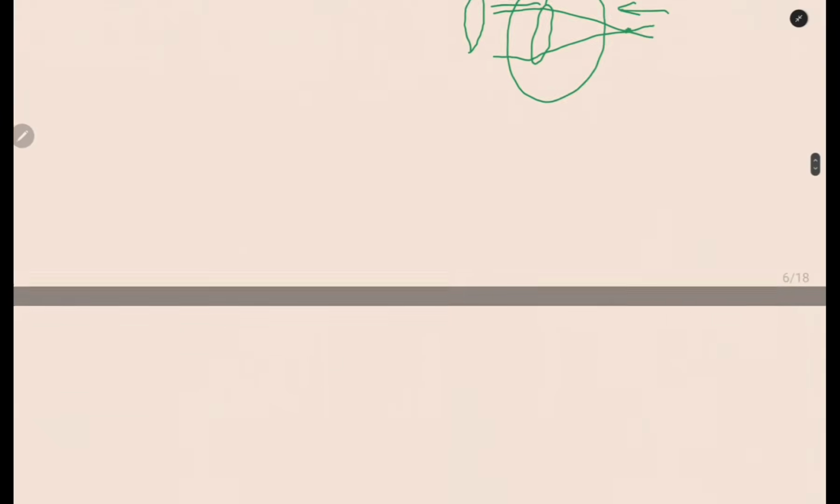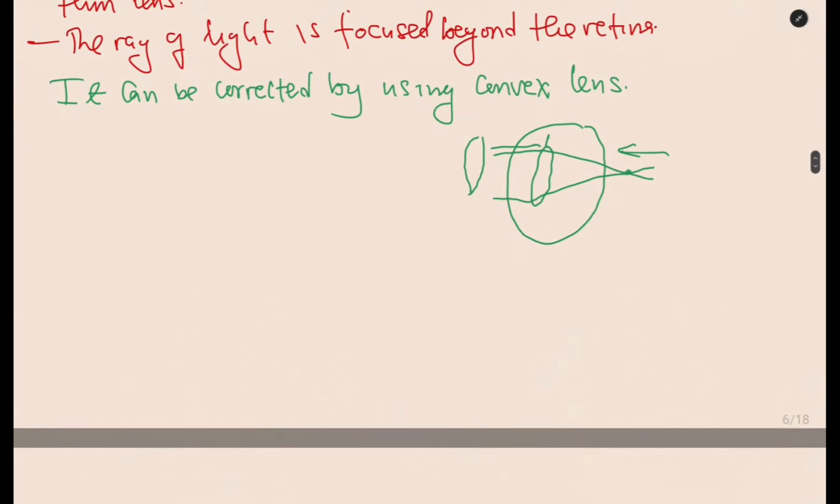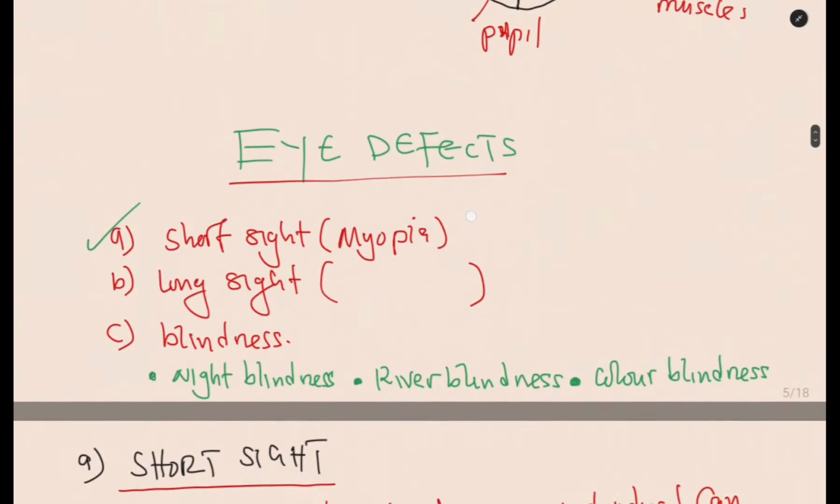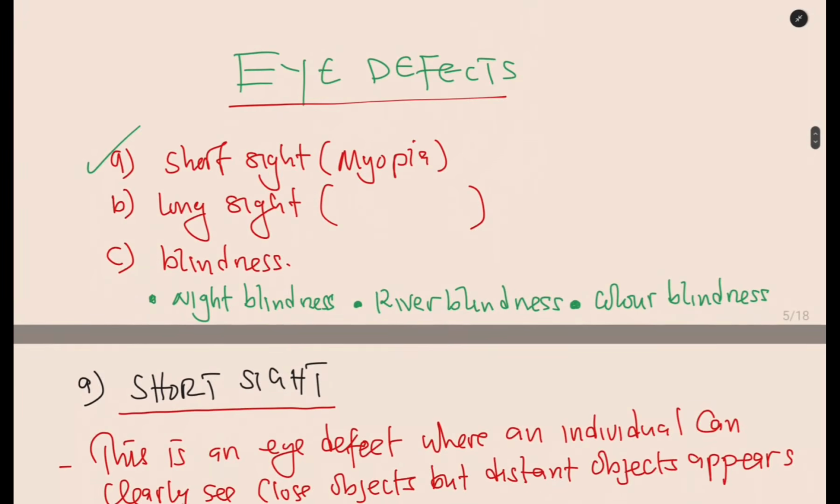Okay, all right, so the other thing that you can look at here, aside from what we've discussed, the other part that I will encourage you to study as you go on is blindness. Like we said, there are types of blindness. Let me go a bit behind. So we have night blindness. This is something that you studied on nutrients, which is caused by lack of vitamin A. That is the cause of night blindness.